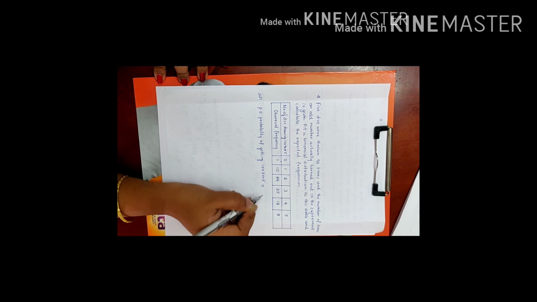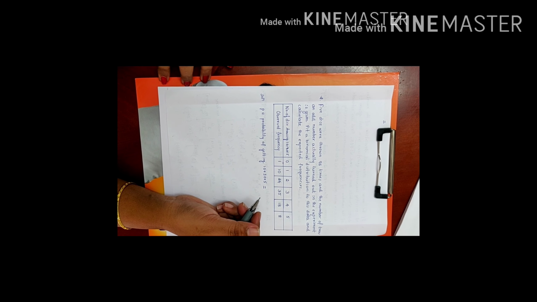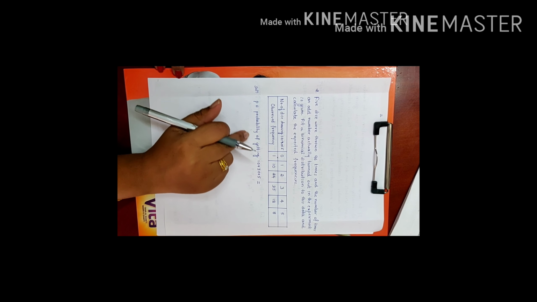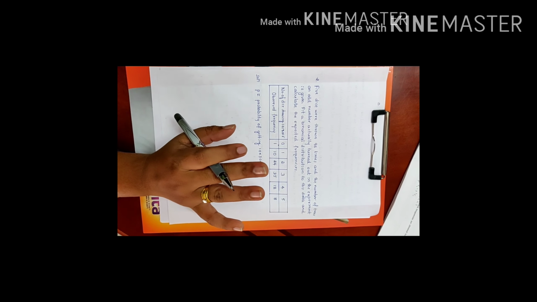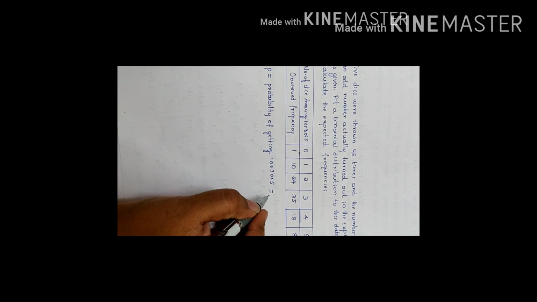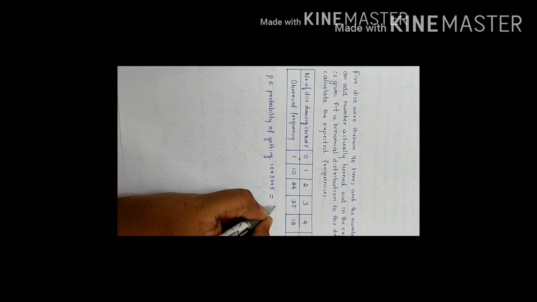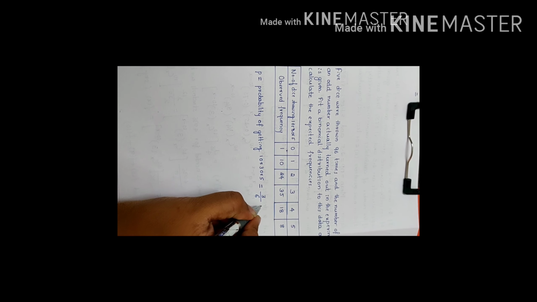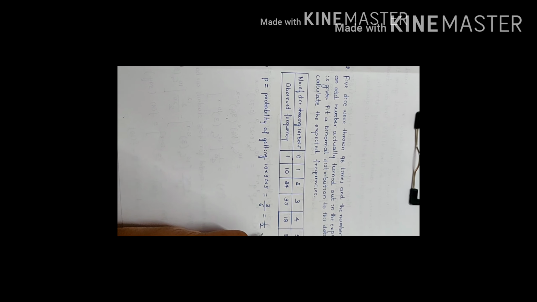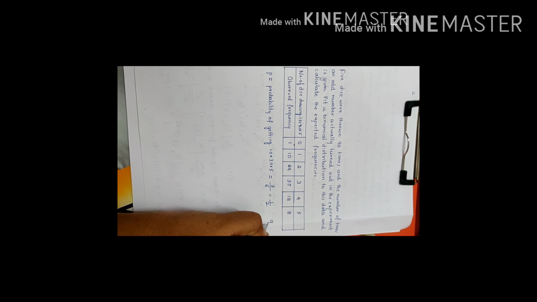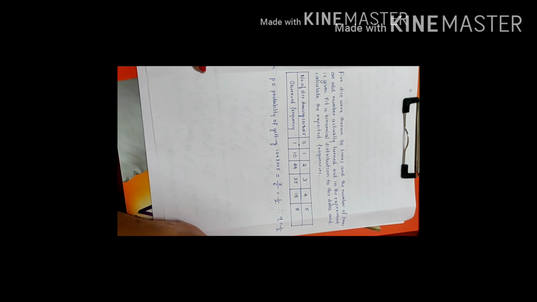Since there are 6 faces for the dice, the total number of outcomes will be 6. There are 3 odd faces and total number of faces are 6, so it is 3 by 6. So p will be 1 by 2. As you know, if p is 1 by 2, q will be 1 by 2.